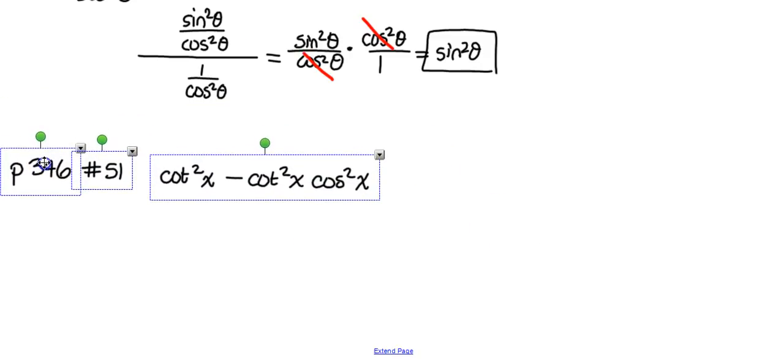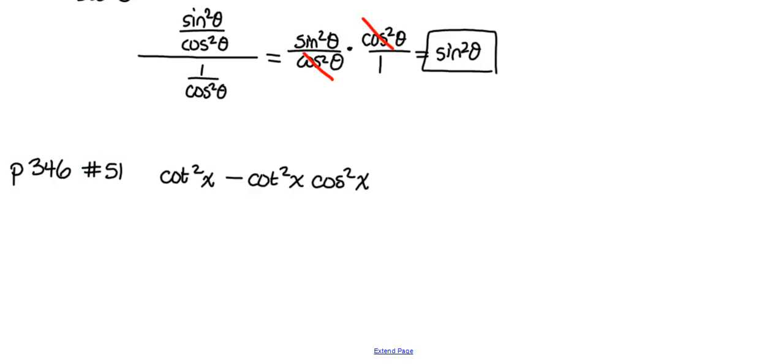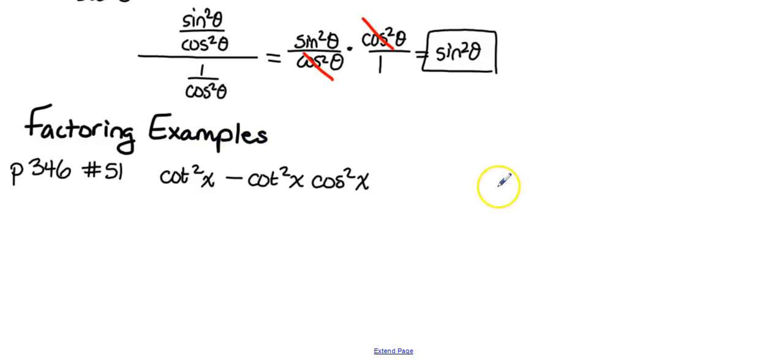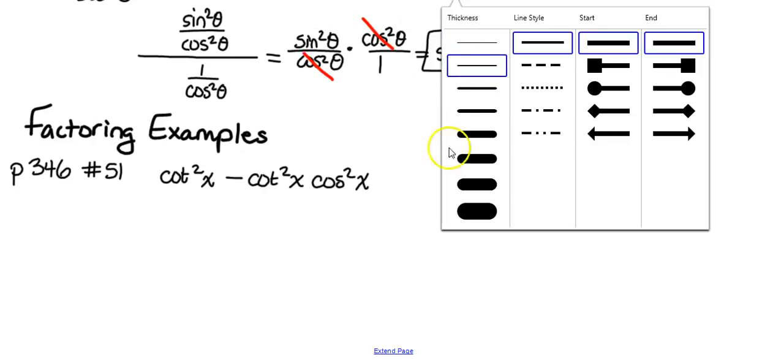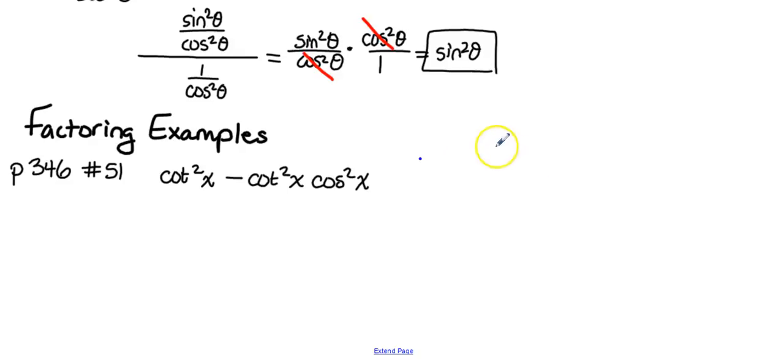So if you want to shift this down and give it a title, if you have space to squeeze in a little title here, these are going to be our factoring examples. My biggest recommendation would be off to the side, if I create a little brain bubble here.